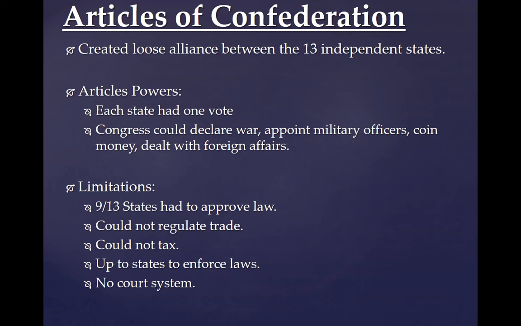It was up to the states to enforce the laws, and there really wasn't any court system. The taxation problem became a big deal because if you needed money, you needed the states to agree to give it, and you couldn't levy taxes yourself as the central government to pay for things. That was a major problem for sure.